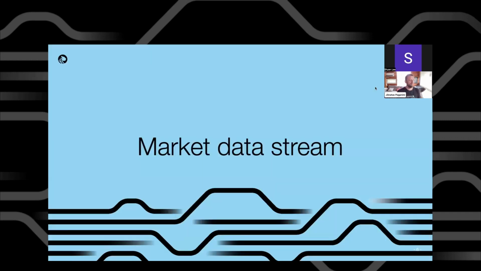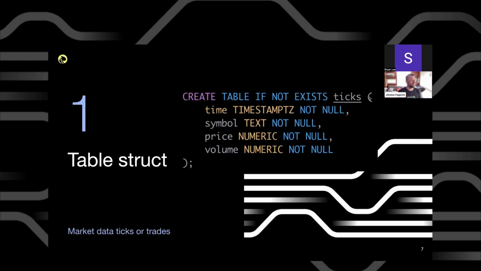And what we are trying to cover, especially on finance, is market data streams. So we are talking about trades or ticks. And in this case, I'm calling the table ticks. It's like stock data. And you basically have a stock symbol at some specific price being traded in a volume. And that's the basic structure.